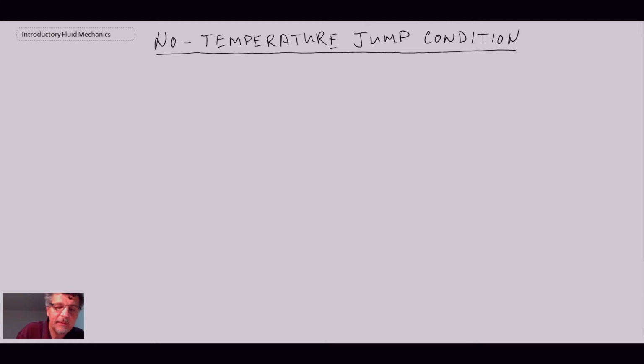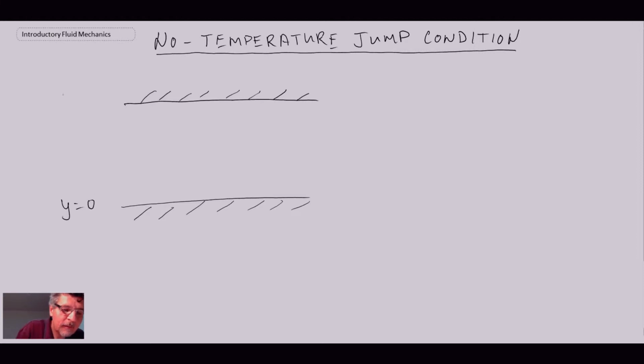So this would be an application perhaps in heat transfer, and what we'll do, we'll draw out the two planes again just like we did before. We have our upper wall, our lower wall. And again, let's assume that the upper wall is moving. We have our velocity profile as before.